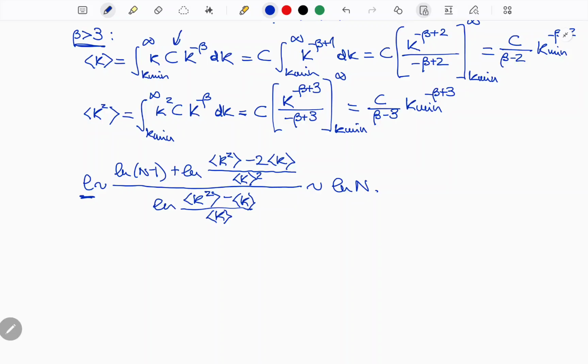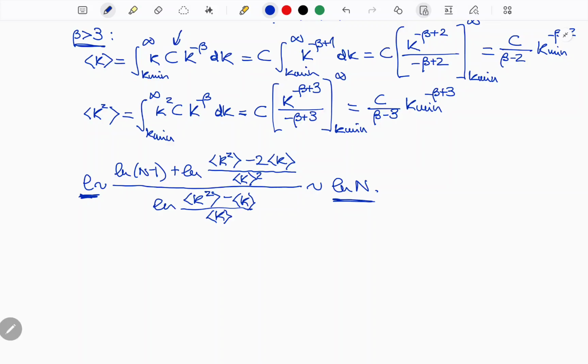So for the same scale-free degree distribution, as n gets larger, as the number of nodes of the network increases, this average distance is also going to increase, going like a logarithm.